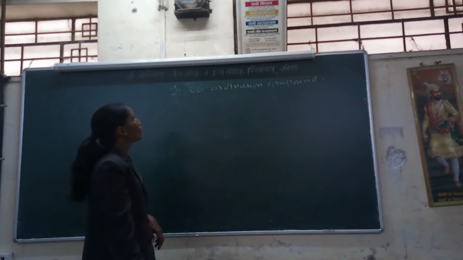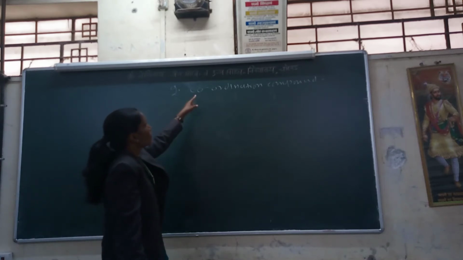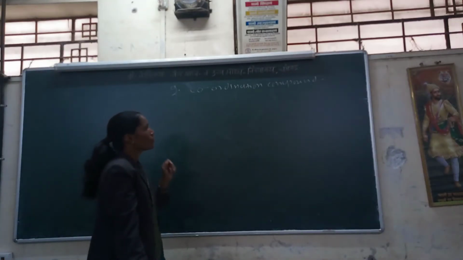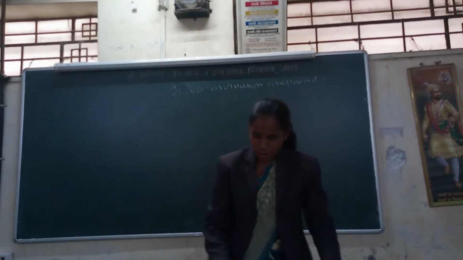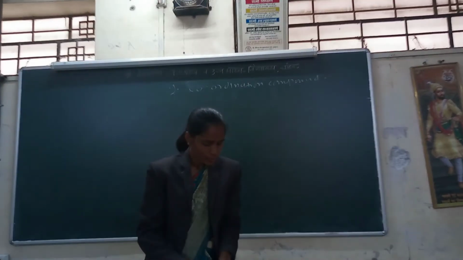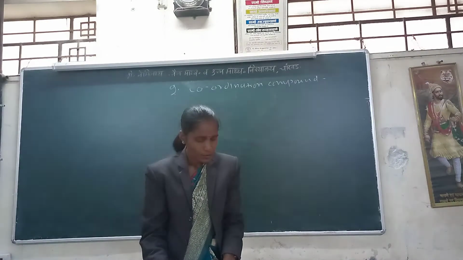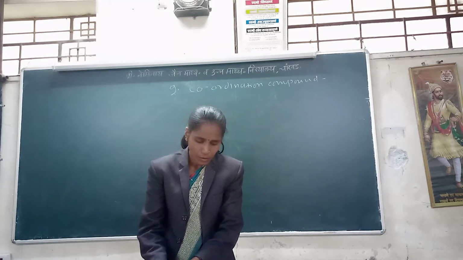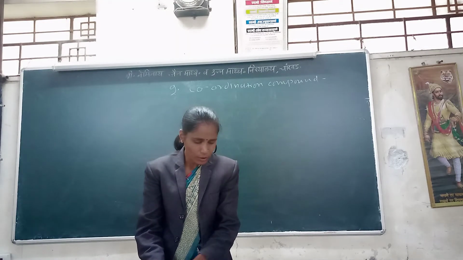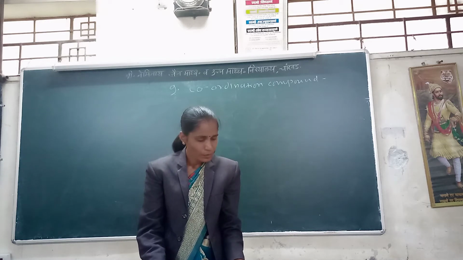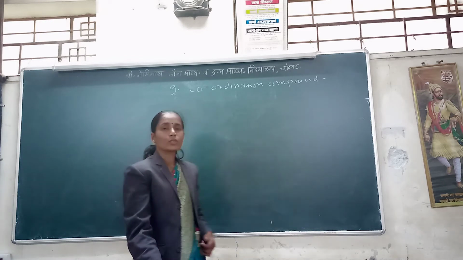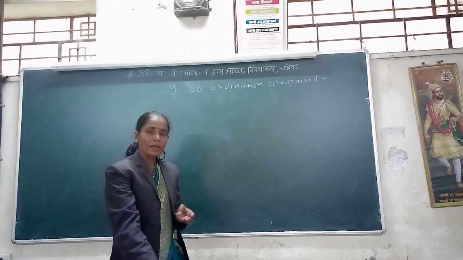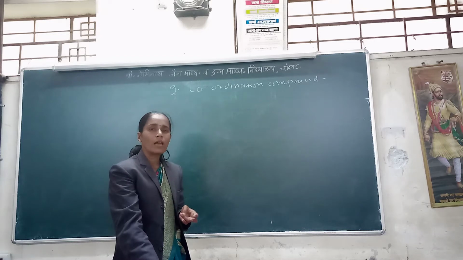Students, here we start about coordination compounds, Chapter number 9. In the last lecture we studied the isomerism of coordination compounds, that is stereoisomerism, again classified into two types, geometrical isomerism and optical isomerism.